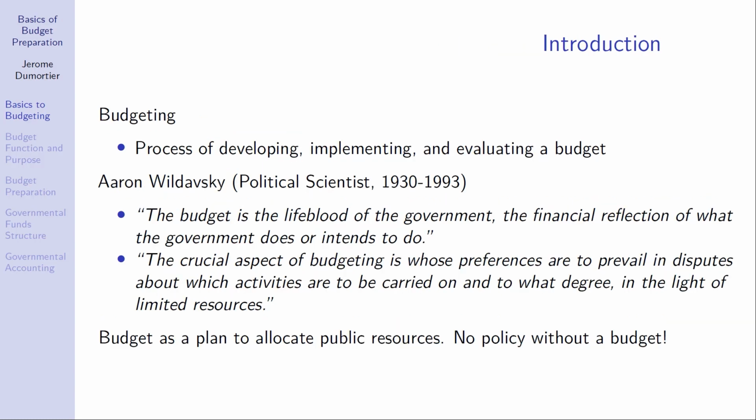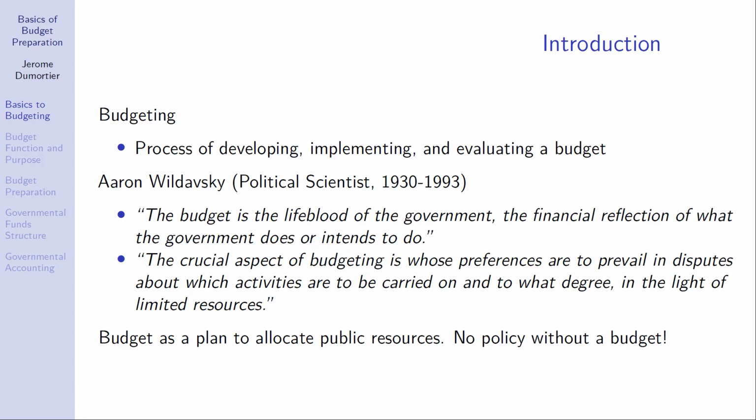Now, think about budgeting as the process of developing and implementing as well as evaluating a budget. The political scientist Aaron Wildavsky has two quotes with regard to budgets. First, it says that the budget is the lifeblood of the government, the financial reflection of what the government does or intends to do.